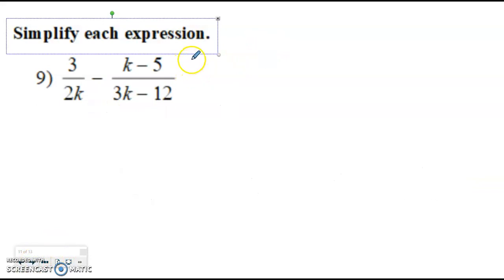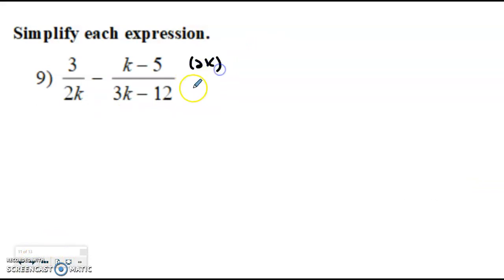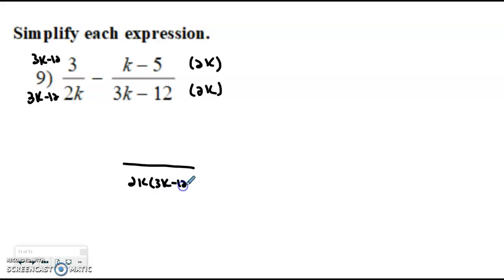In this case, number 9, we're just going to multiply the top by 2k, the bottom by 2k, and then we're going to multiply 3 by 3k minus 12, 2k times 3k minus 12. So on the bottom, I know it's going to be 2k times 3k minus 12.